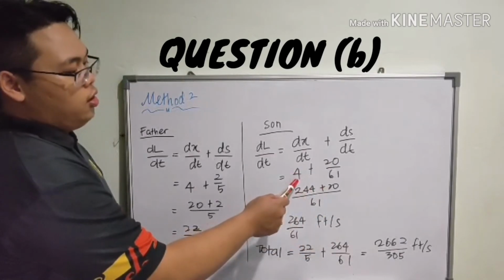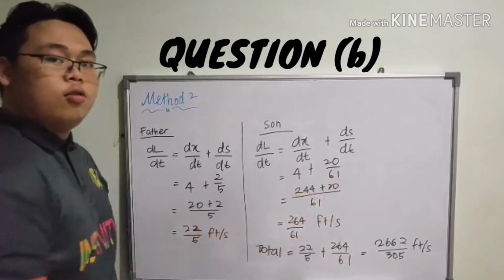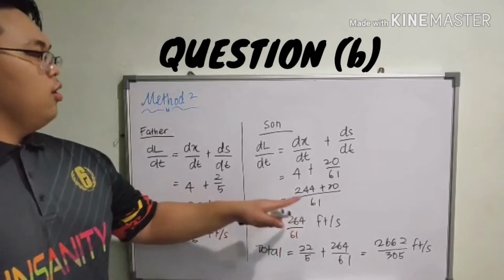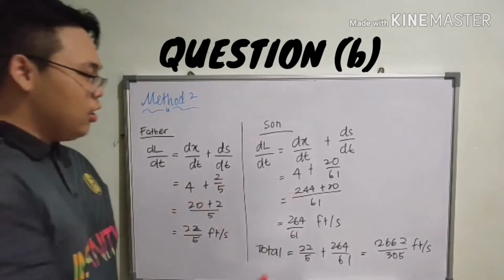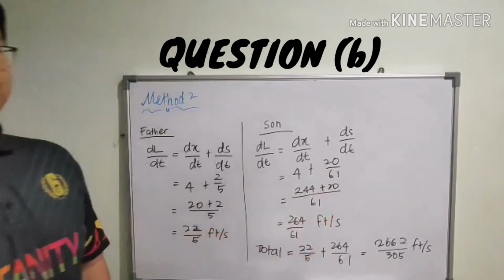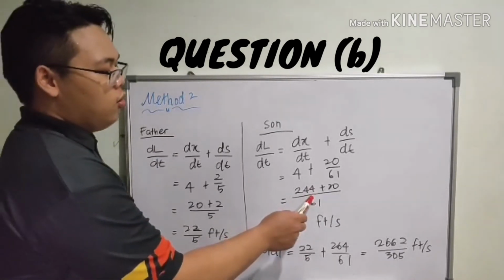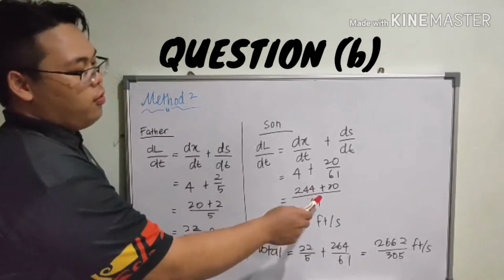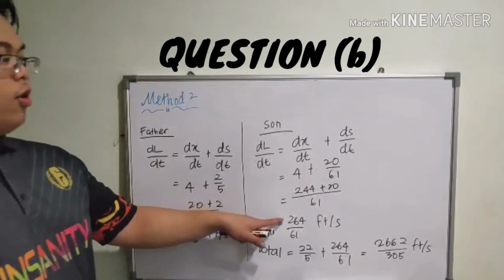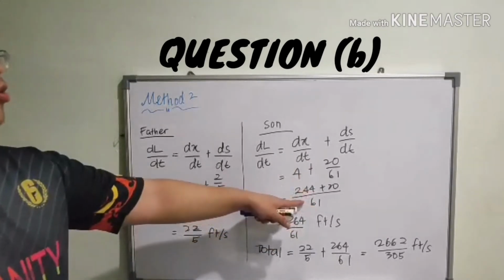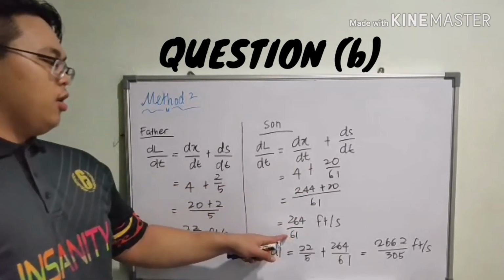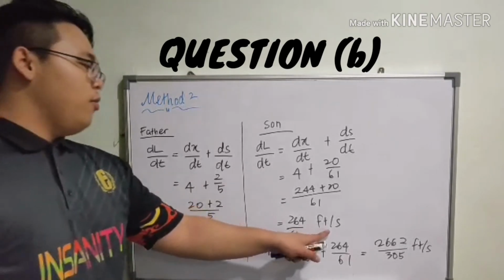Because 4 is multiplied by 61 to make the same denominator, so that you can add easily. So 244 plus 20, you get 264. So the denominator is 61, so it is 264 over 61 feet per second.